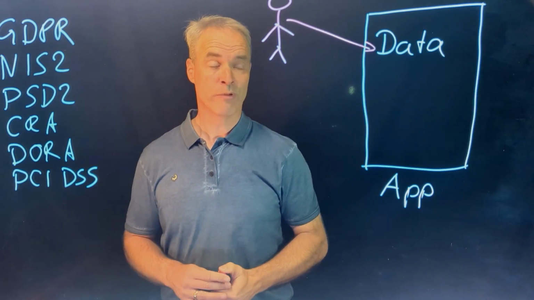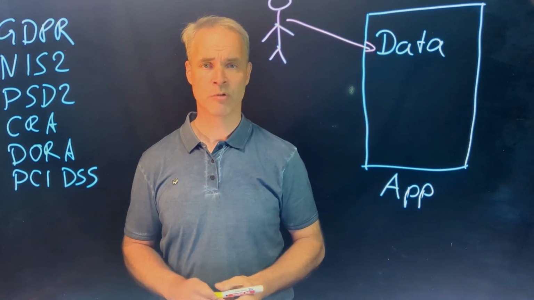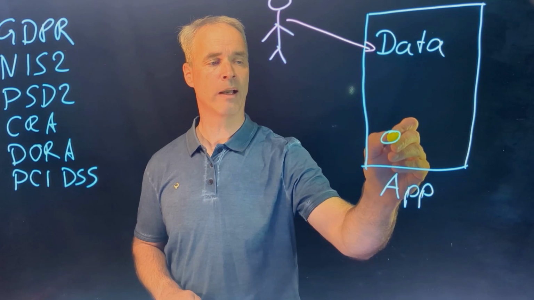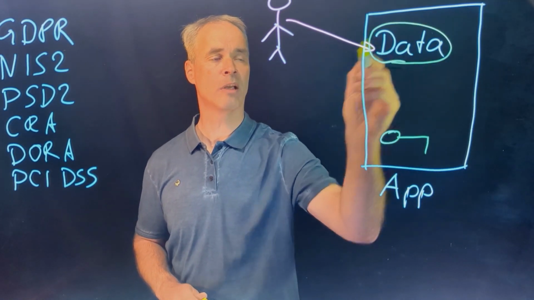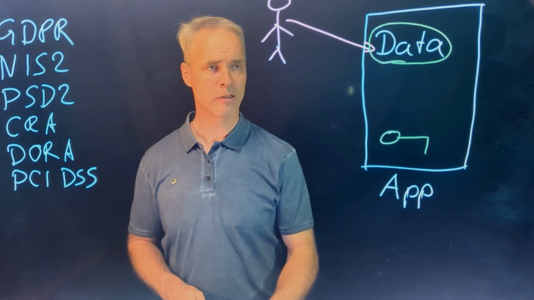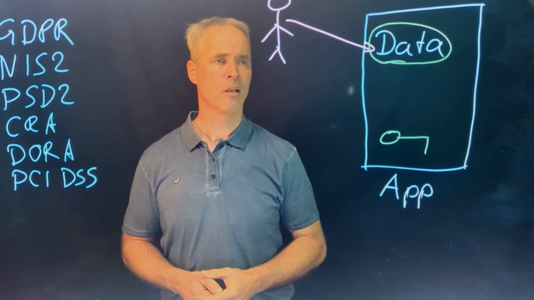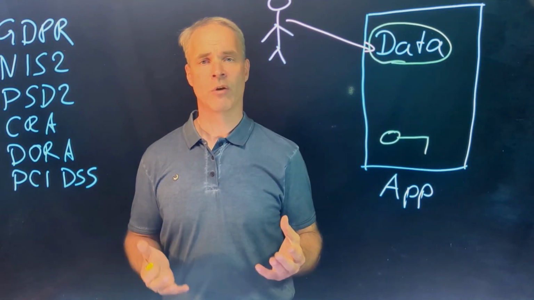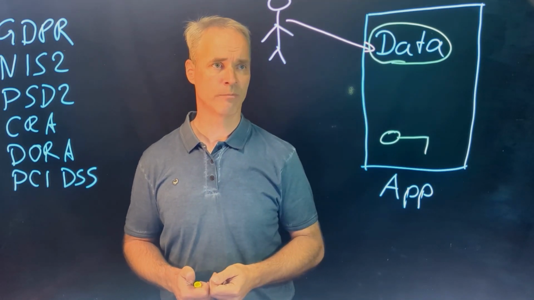We need to improve this, of course. So the first possible way to improve this is to encrypt your data. So we are going to add here a key, and this key is then encrypting your data. This is something that I see actually quite a lot in the field, but this has a big downside. What is it? It's pretty much like locking your house, but then taping your key to the front door.